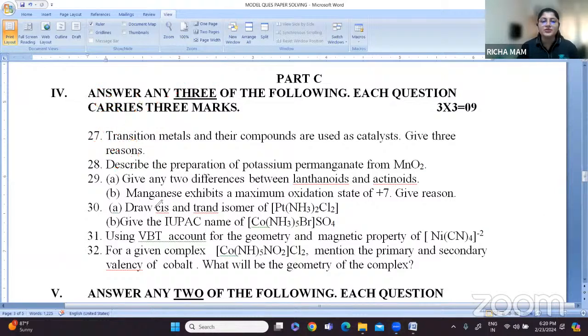Next one. Manganese exhibits a maximum oxidation state of +7. Give reason. What is the reason why manganese exhibits this +7 oxidation state?